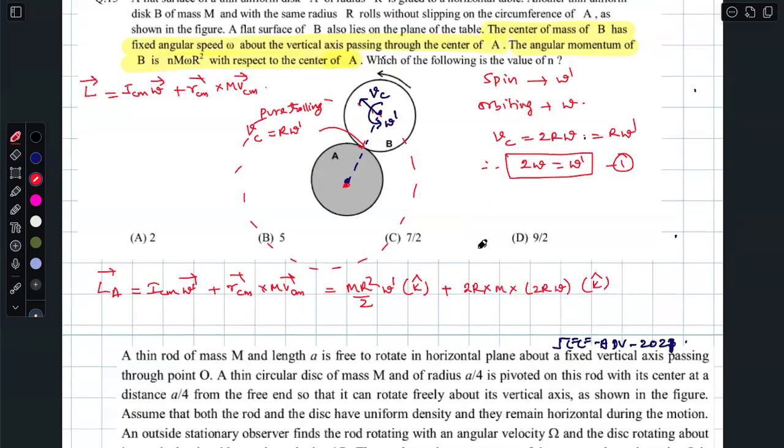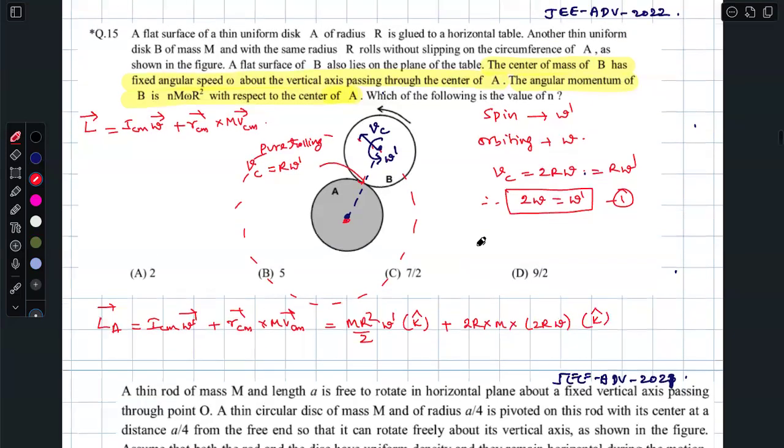Now, what is given to you is the angular momentum. What is omega, by the way?